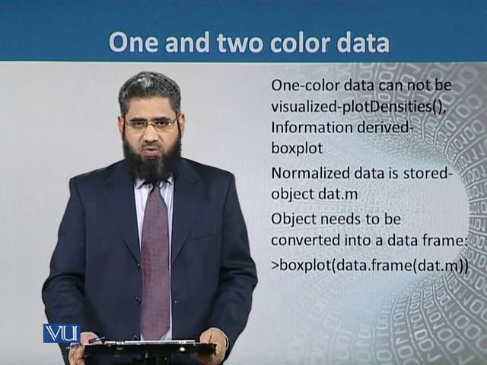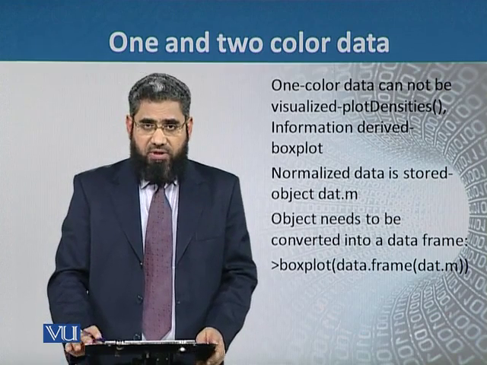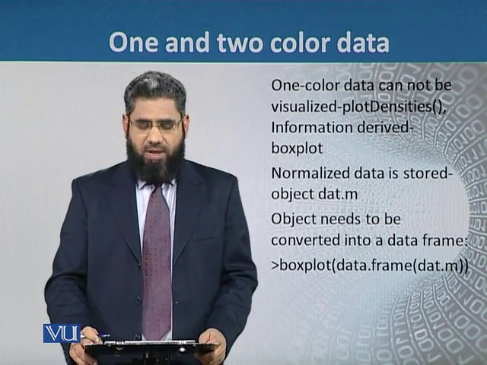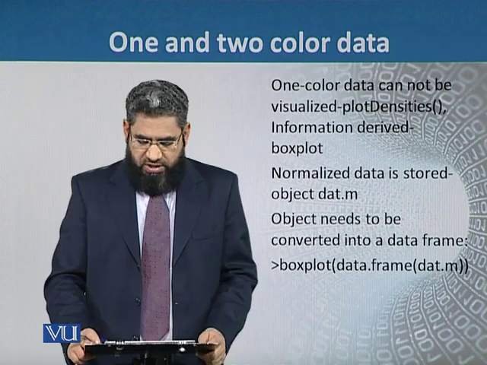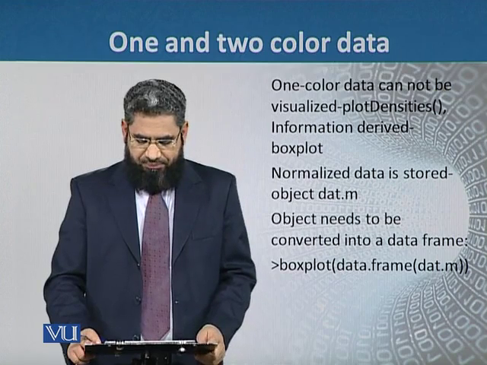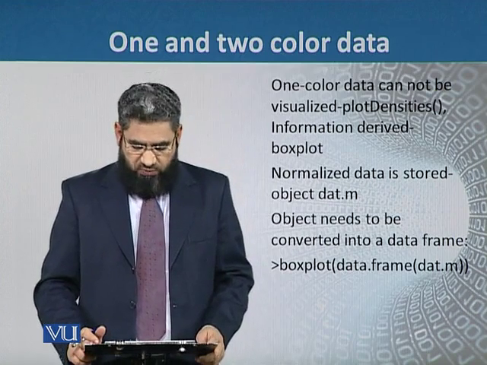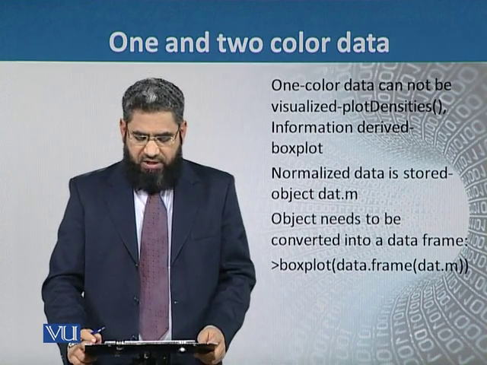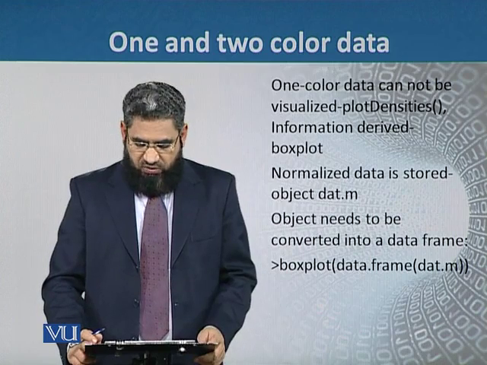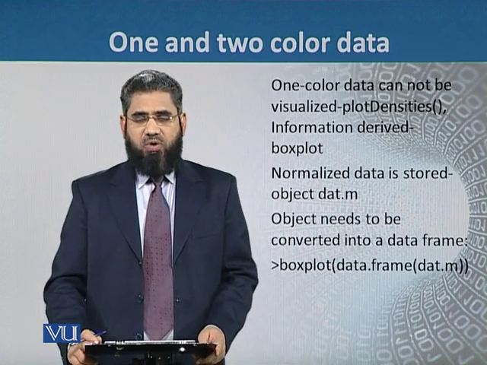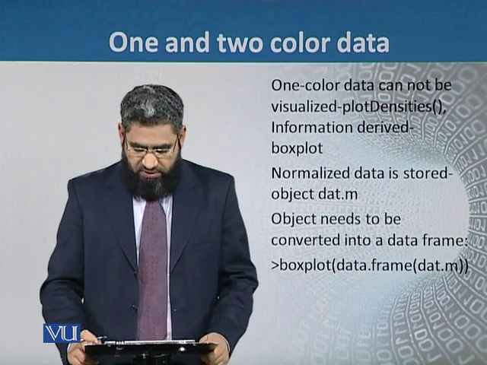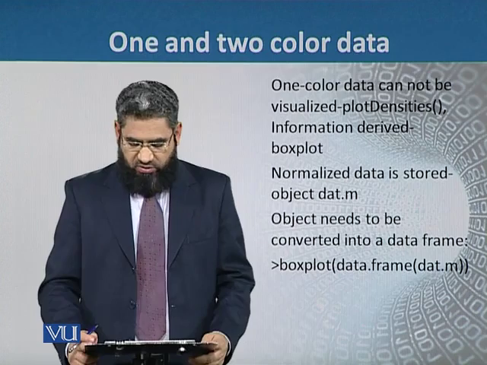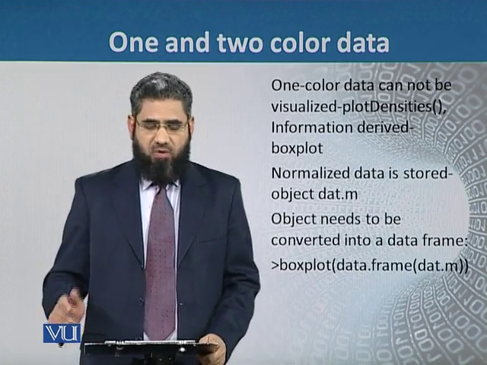In this case we will use the box plot instead of MA plots. We take the normalized data stored as dat2, use the command dat.m, convert this object into a data frame, and use the command boxplot with data.frame and then dat.m as the argument.